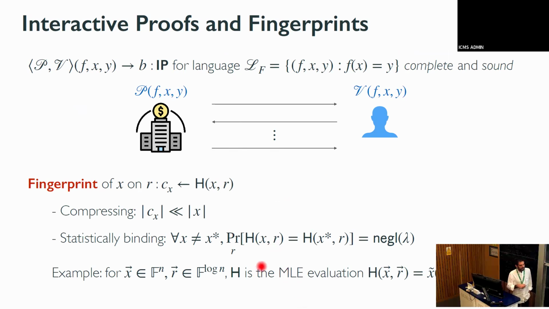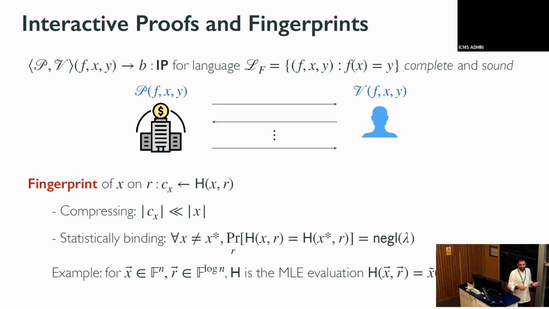So the result is much smaller than X. And it is statistically binding in the sense that, over the random choice of R, you cannot find two distinct X and X star that essentially hash to the same value. So it's a sort of hash function, but with respect to a random key. I mean, it's very close to the notion of universal one-way hash function in cryptography.